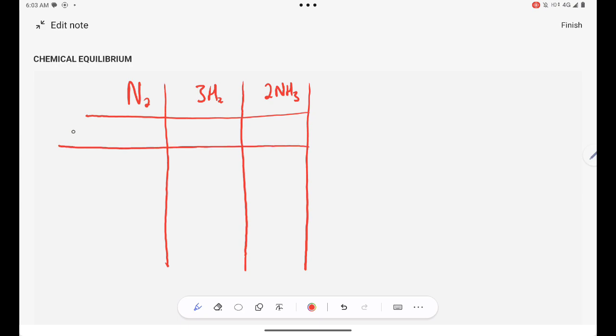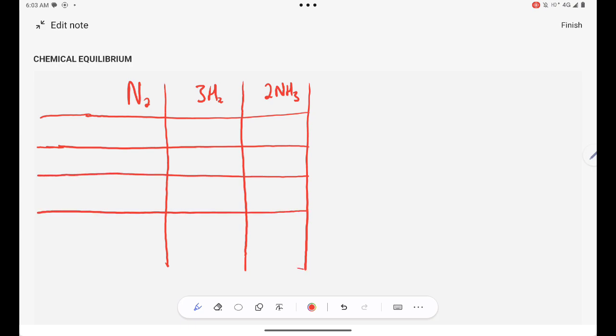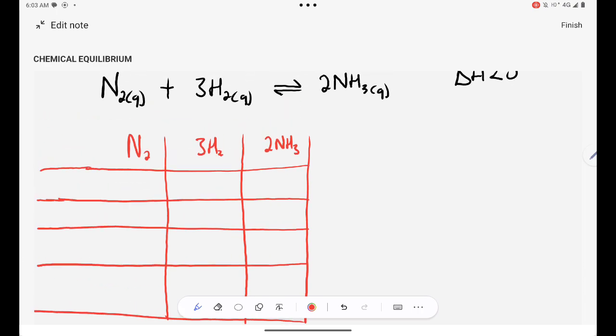we'll simply need the initial number of moles, the change in number of moles, the number of moles at equilibrium, as well as the equilibrium concentration. So the I over here represents the initial number of moles. The C just represents the change in moles.